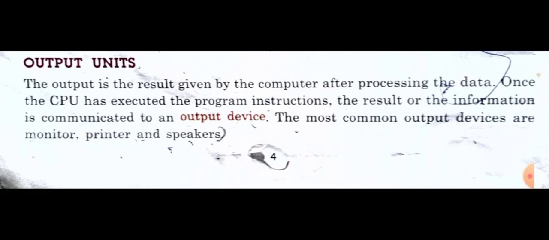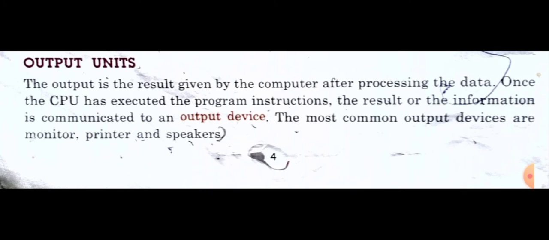Children, any output device is used to display, print, or show the result of processing done by the CPU. Normally the result is displayed on the monitor. This is the main output device.